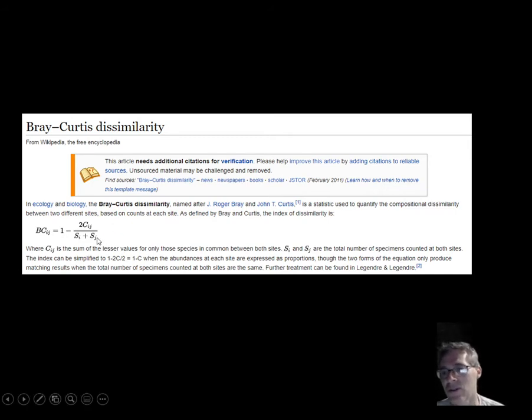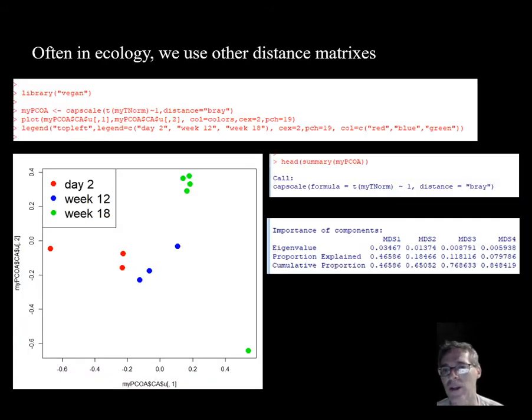So you can form a symmetrical matrix based on this Bray-Curtis dissimilarity, or indeed any measure of the distance between two vectors. And when you use some other measure of dissimilarity instead of a covariance matrix, that's often called a PCoA instead of PCA. But the basic math of the eigenvalue decomposition is the same.